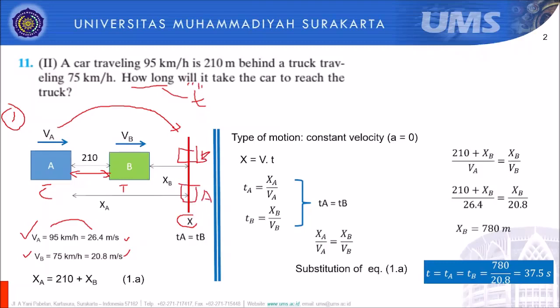So when we measure from this point, we get XA here, and this is XB. So the difference is 210. So we can write here XA equal to 210 plus XB, right? Okay. They will reach the same point at the same time as well. Say T, and this is TA and TB as well.